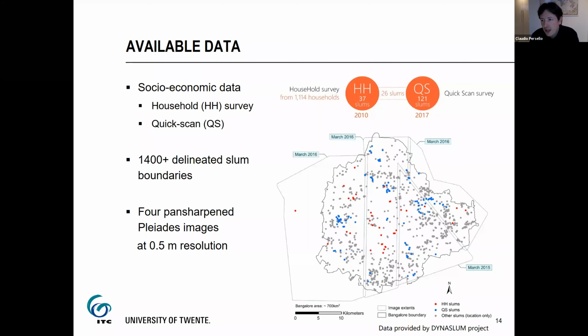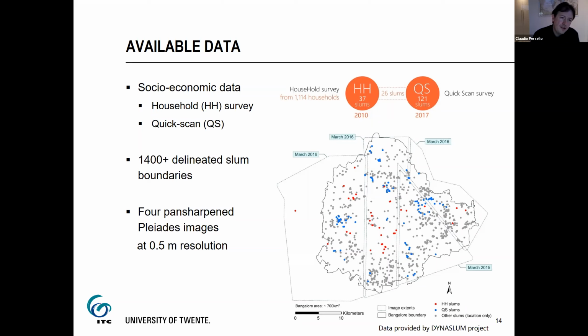This is, of course, a very time-consuming process that allowed us to collect this detailed information only for 37 slums scattered in the large urban area that you can see here. These are the red dots in this map on the bottom right corner.